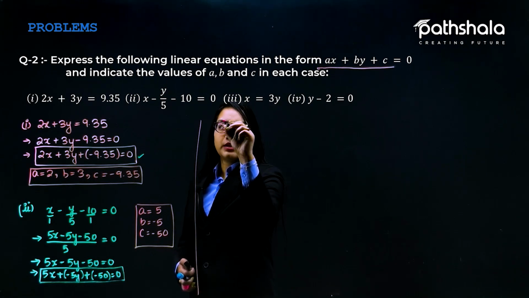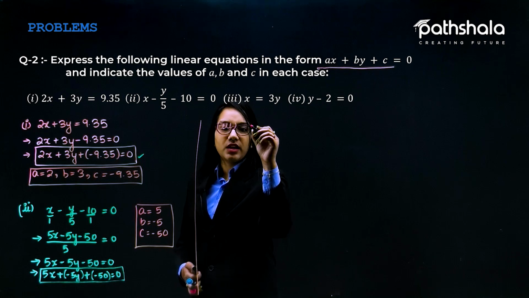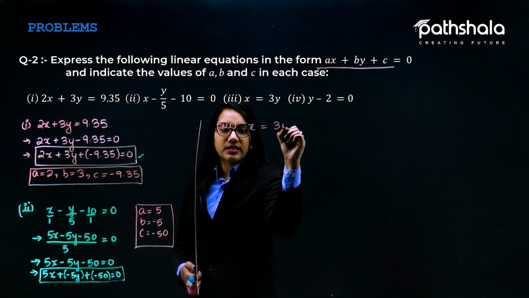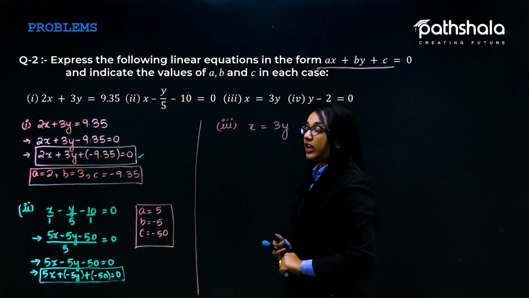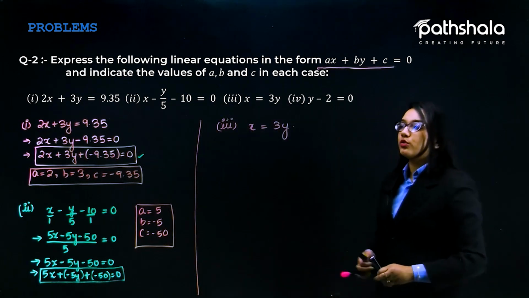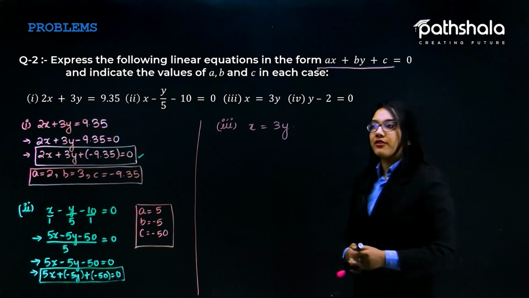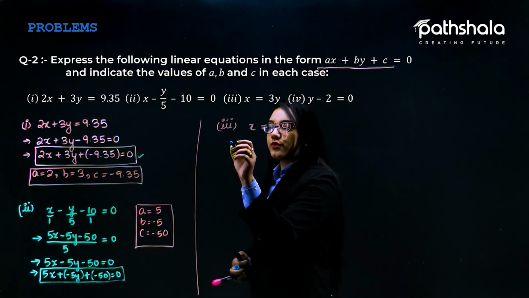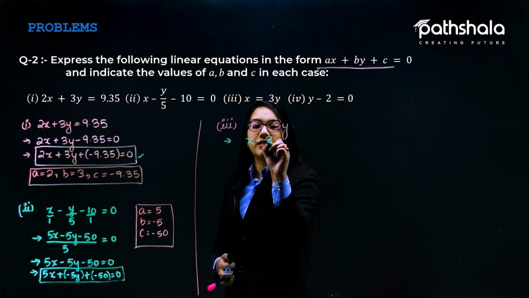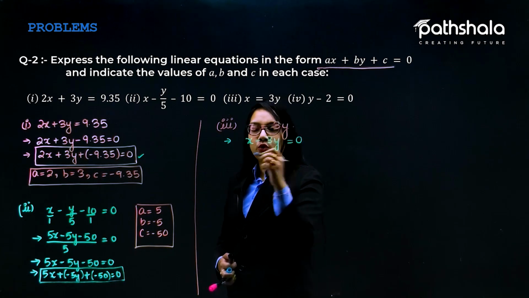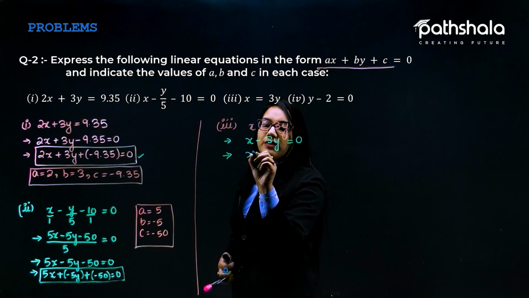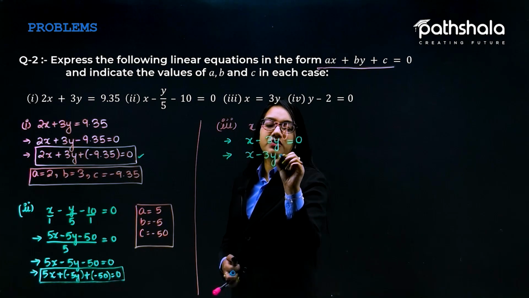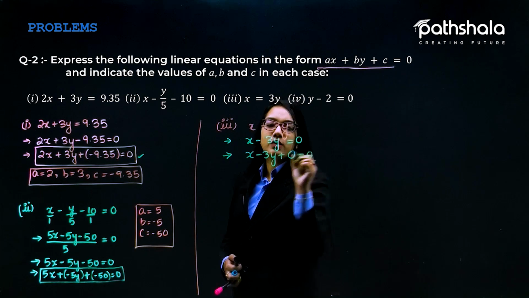The third part is x is equal to 3y. If it is x is equal to 3y, then we can write this equation first as x minus 3y is equal to 0. And we know that there is no constant, so we can write it as x minus 3y plus 0 is equal to 0.